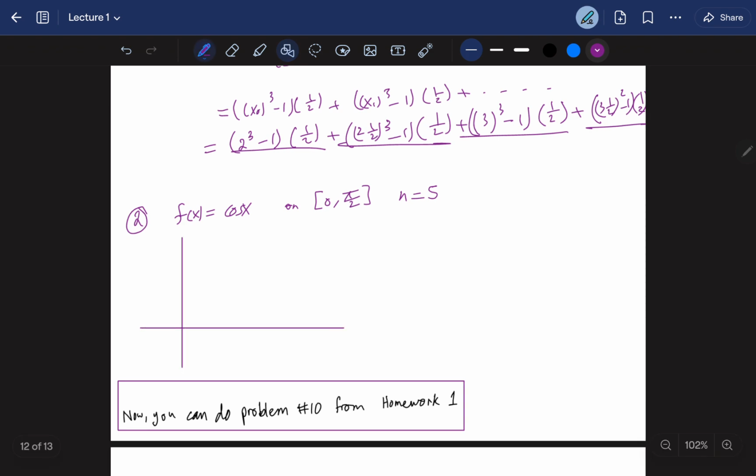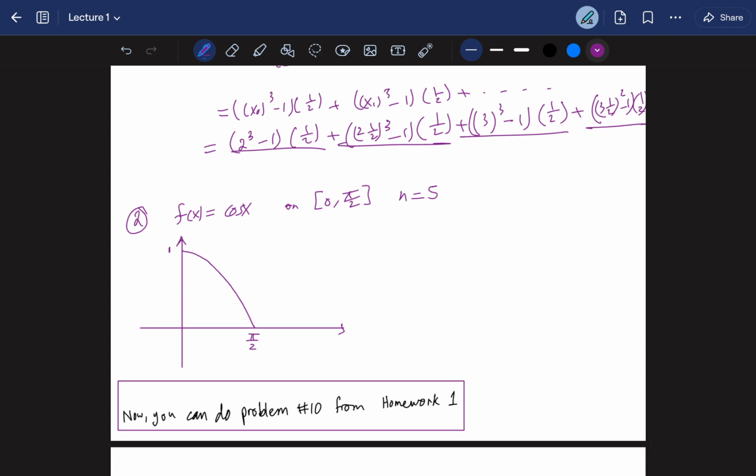That's why it's important for you to know the graphs of the main functions. So cosine on this interval looks like this. And we know that the highest value that cosine attains is just 1.